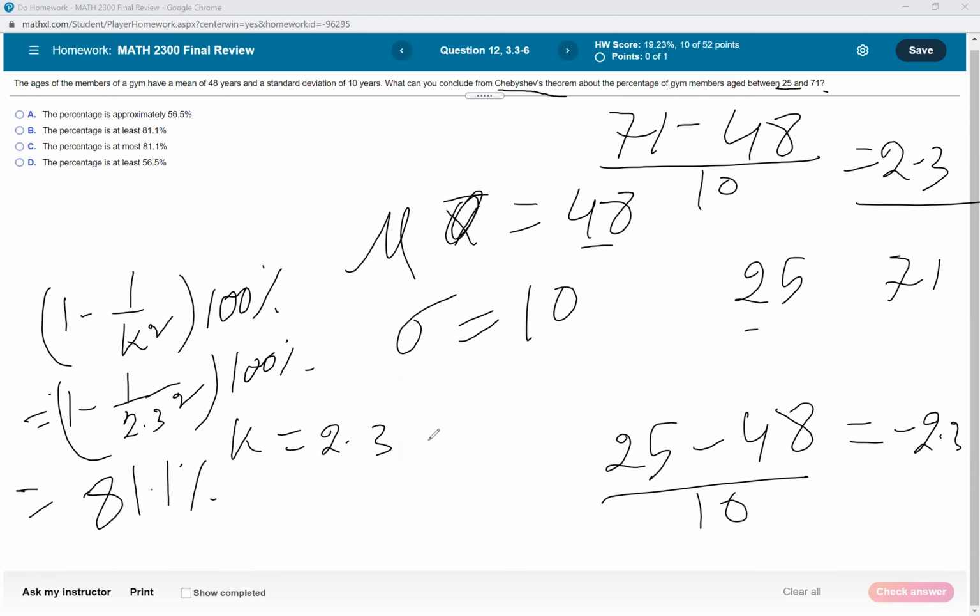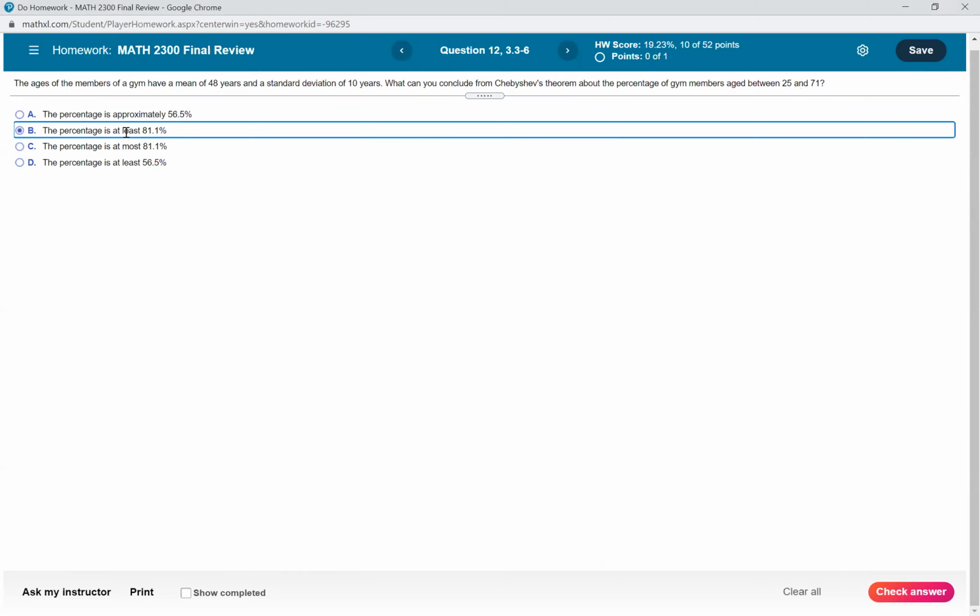Yeah, option B is correct because the theorem says at least that percent of observations will be between 25 and 71. That's correct. Thank you. So the correct answer is B. Be careful when you answer this one. The percent is at least 81.1%.